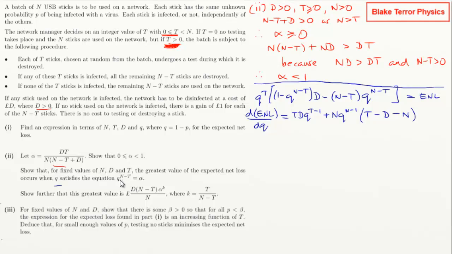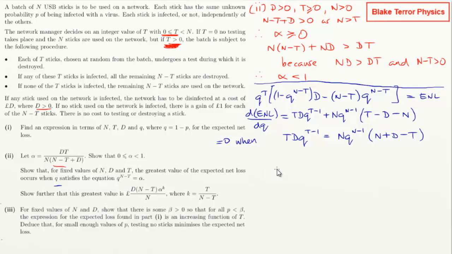Let's just get this value. So I want to make that equal to 0. So that equals 0 when, I can flip the sign on the n part of it. So let's get these on separate sides. So t, d, q to the t minus 1 is equal to n, q to the n minus 1, times n plus d minus t.